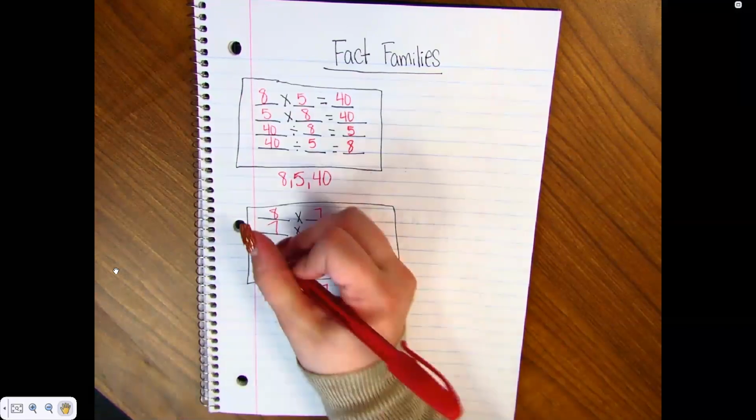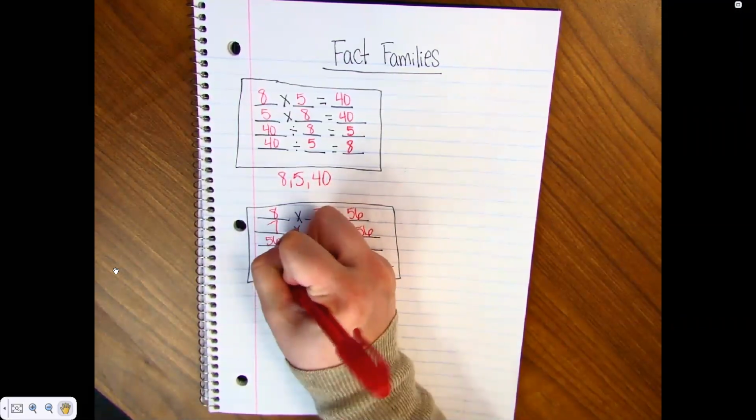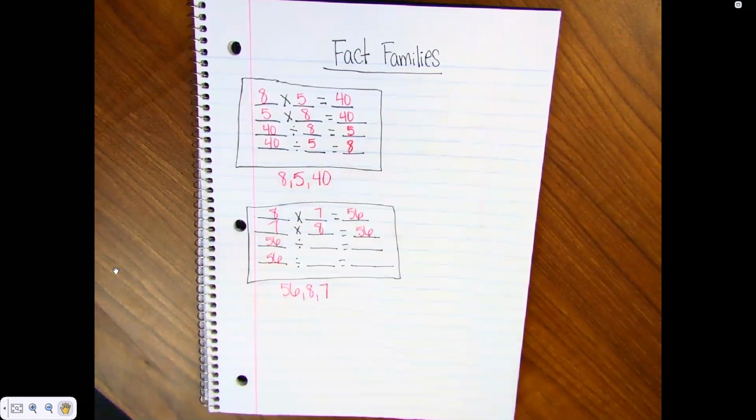Now I'm dividing, so I know my 56 has to go at the front. When I'm doing division, your big number is large and in charge, and it goes in the front.